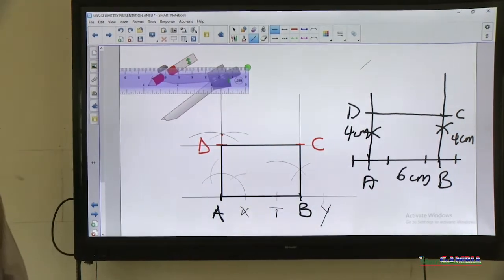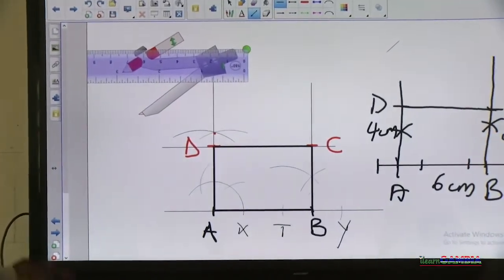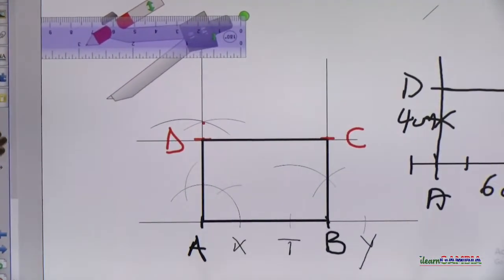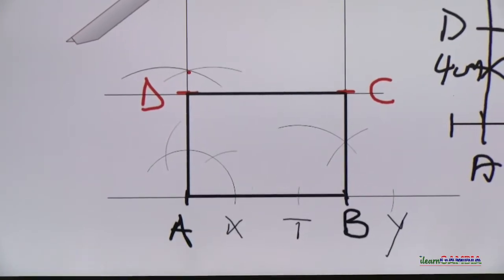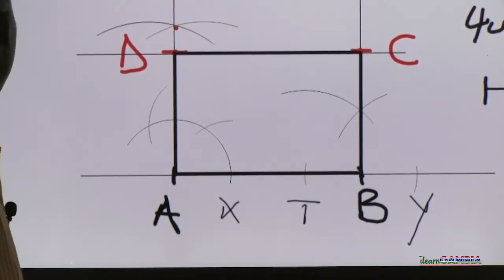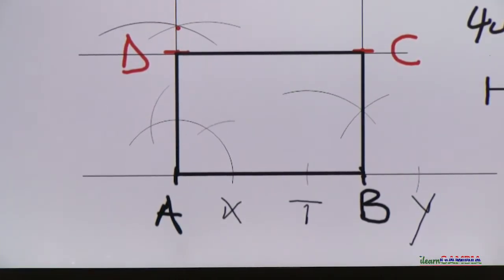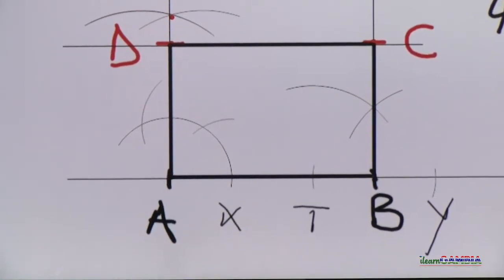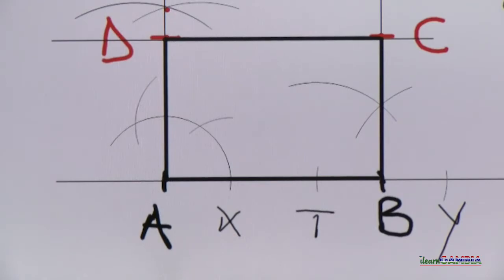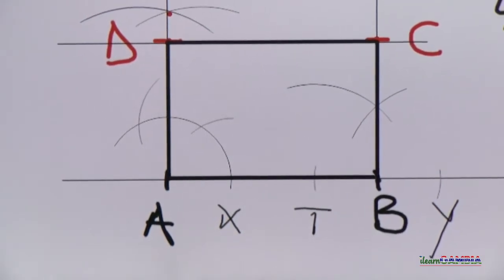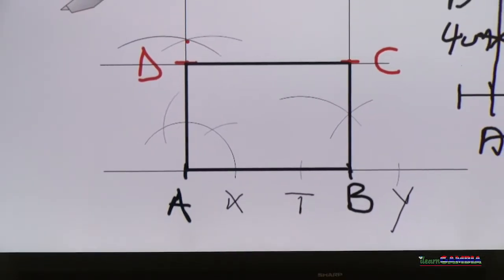So the required rectangle is ABCD. That is the required construction of a rectangle ABCD such that AB is 6 centimeters and AD is 4 centimeters. The length is 6 centimeters and the breadth is 4 centimeters. So that's the construction we have just done. We move.